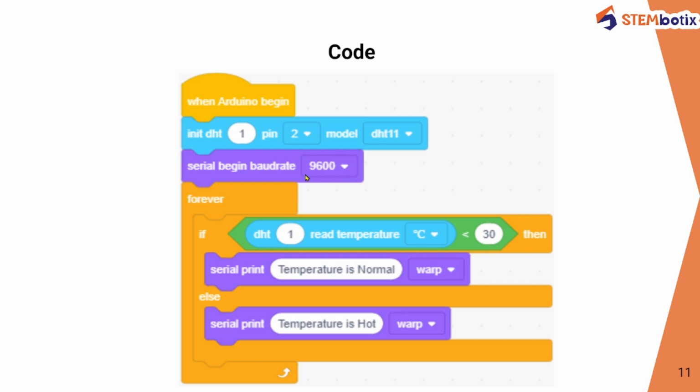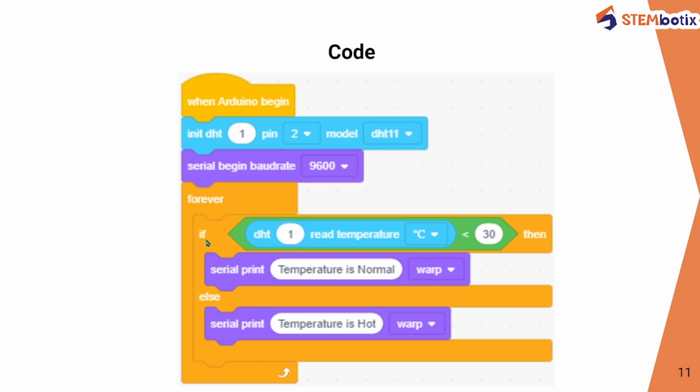So we have used this particular speed. After that, the DHT11 sensor is there to measure humidity and temperature. So we are going to measure the temperature, and accordingly we are going to give the output. Here we have used this temperature block.